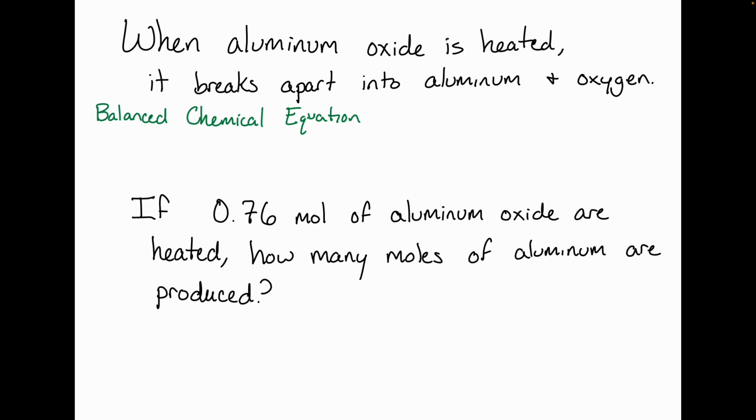Oh, I guess I'm going to tell you. Aluminum oxide is a solid. So when solid aluminum oxide is heated, we want to be able to draw our complete chemical equation.